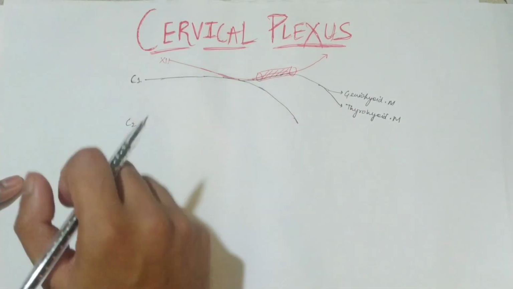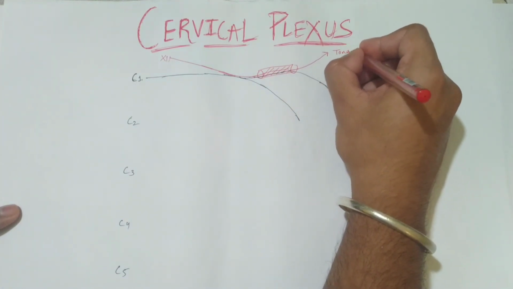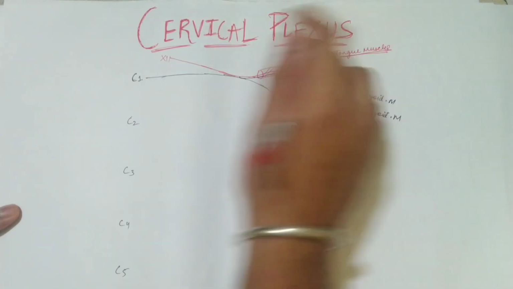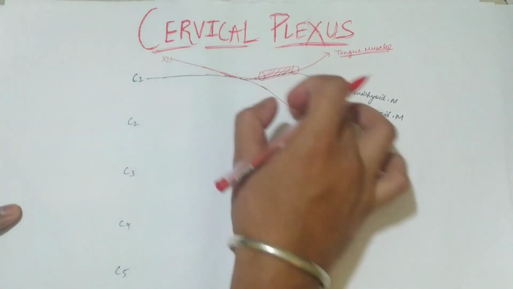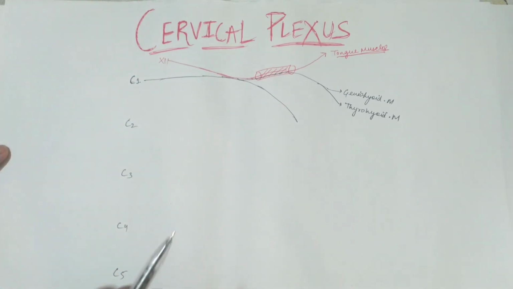Here the hypoglossal supplies your extrinsic and intrinsic tongue muscles. So this is how the hypoglossal nerve is connected with the C1 spinal root.